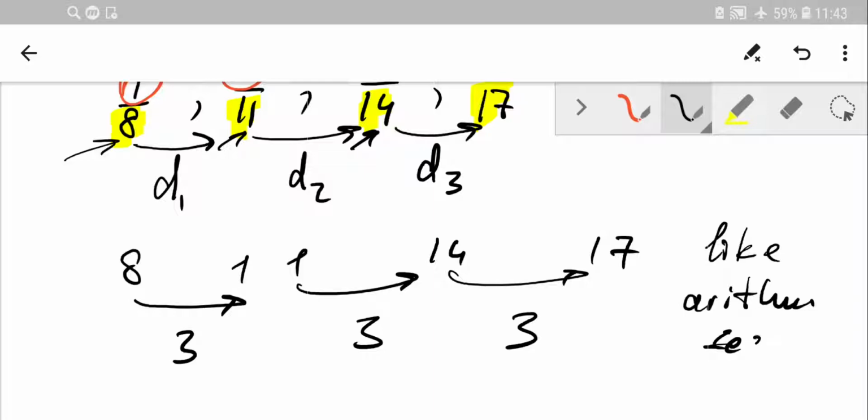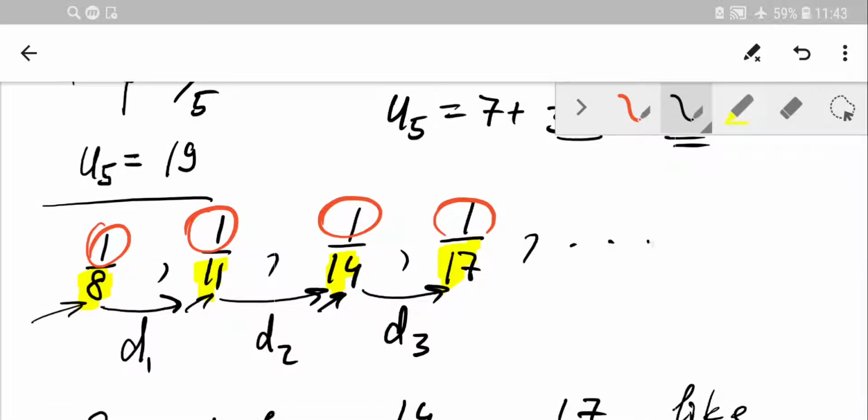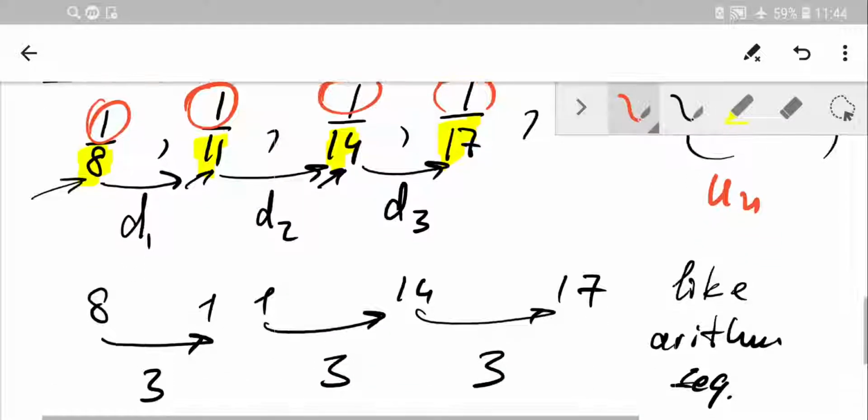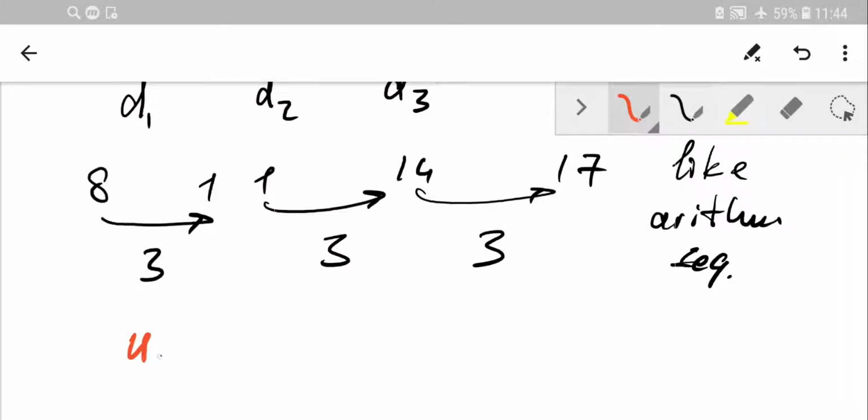Can we apply our general rule for arithmetic sequences to find the nth denominator? We definitely understand that the numerator will still be 1, but we're wondering what the denominator is. So that's the nth term, and to calculate the nth denominator we should start from U1 plus n minus 1 times d.